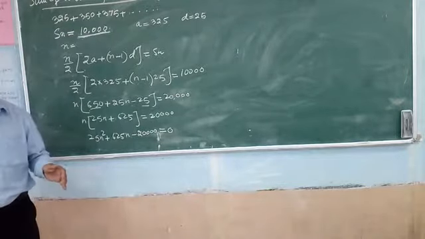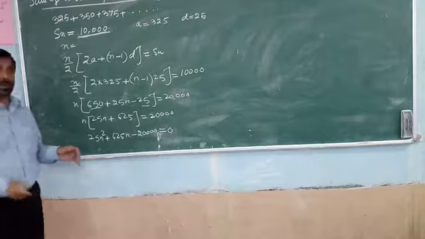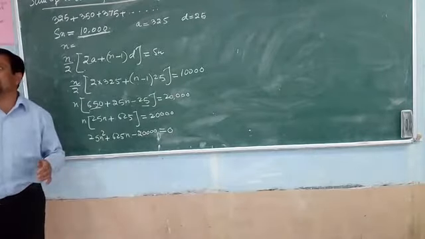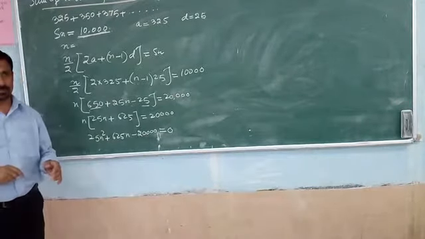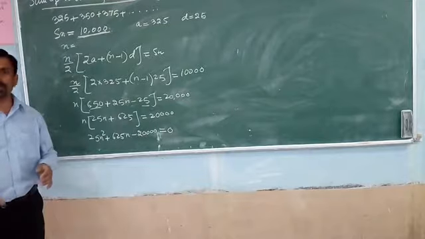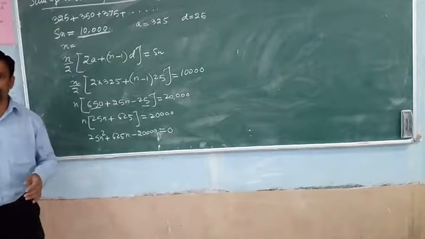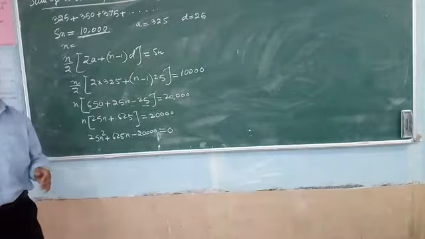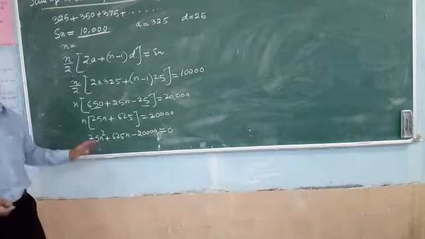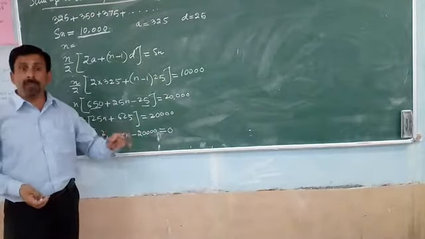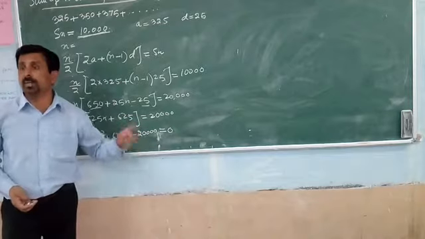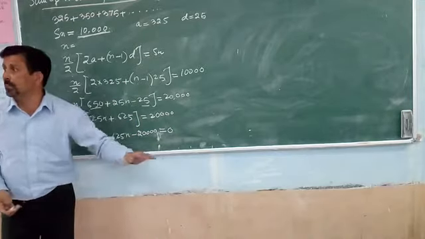Anybody knows? Very good. The first type of factorization is called the common factor method, which we apply for any question, right? Whether it is a binomial or a trinomial or a polynomial, we can always apply the common factor method if there is a common divisor of all the terms.